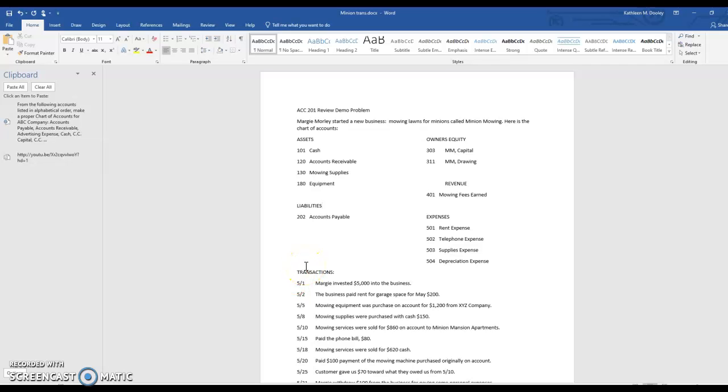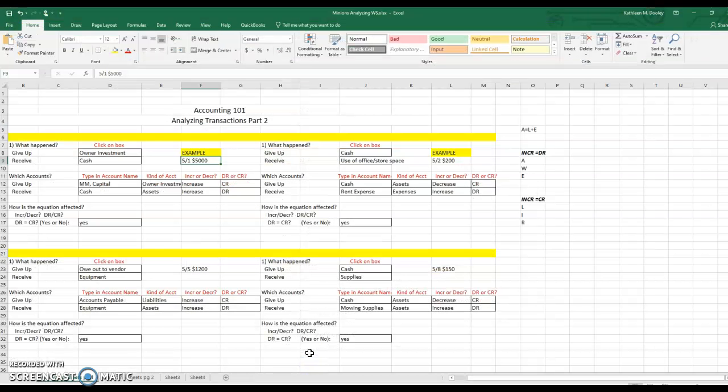Here we are back with Margie Morley and the Minion Mowing Company, and we were going to continue on with journalizing. So with journalizing, we are taking a look at what we did on the analyzing and then recording that same thing into the journal.